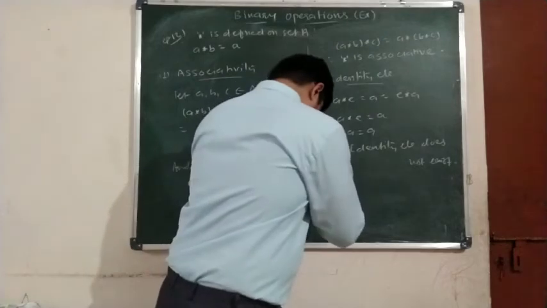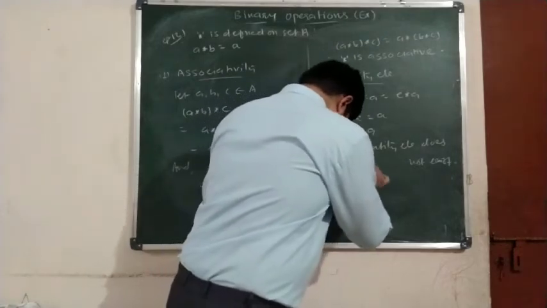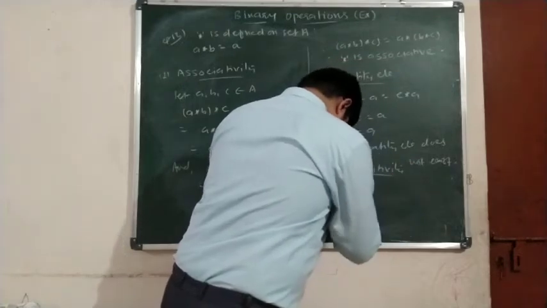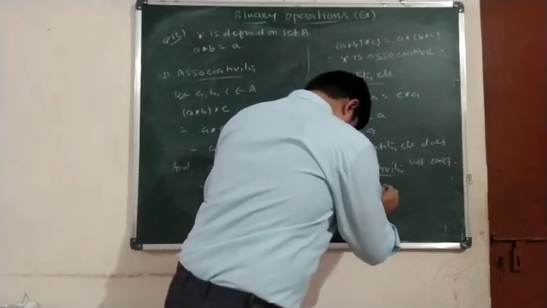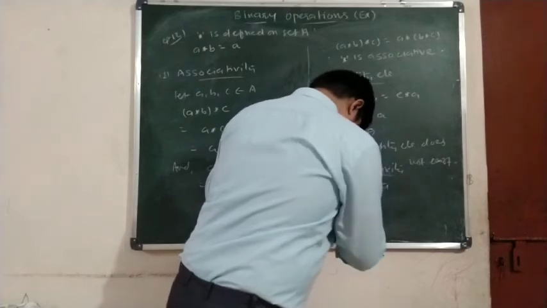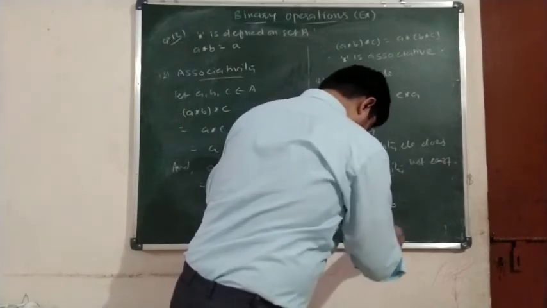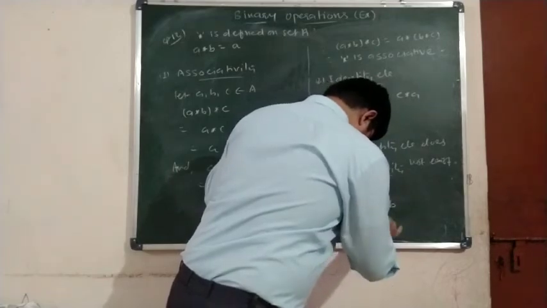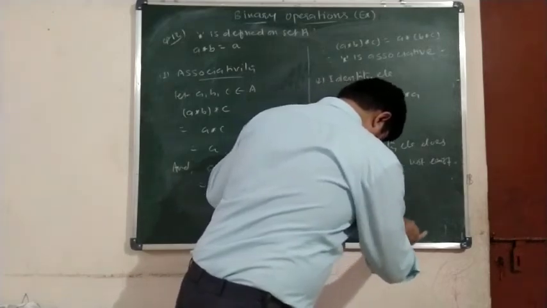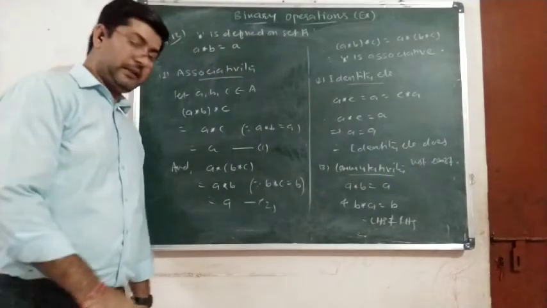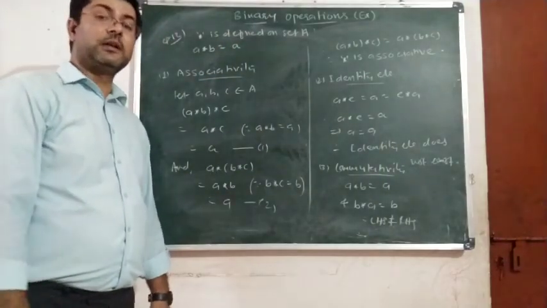Okay, and the commutativity we have to check. Let us check the commutativity also. Now A asterisk B is equal to A and B asterisk A is equal to B, and therefore LHS is not equal to RHS unless A and B are equal.